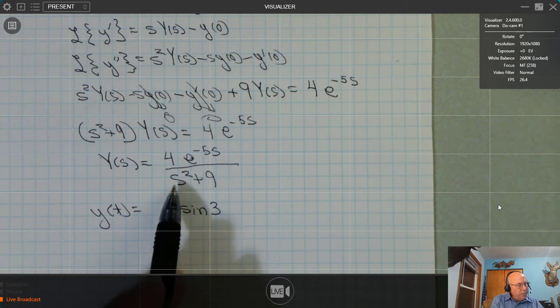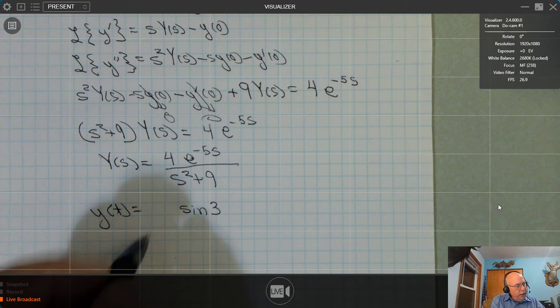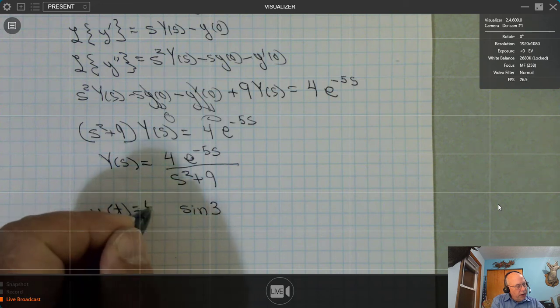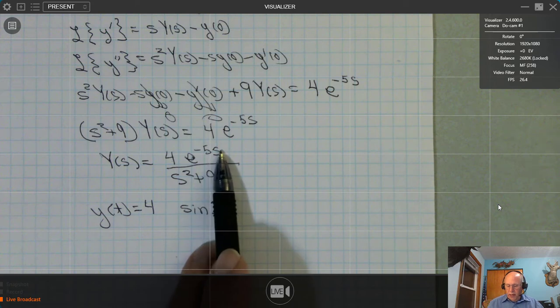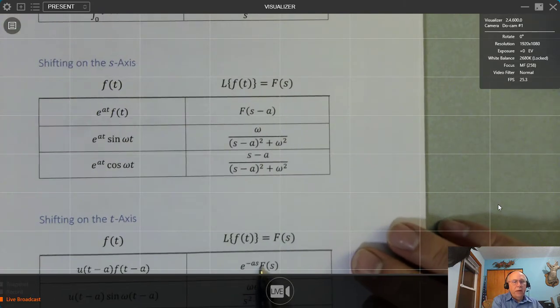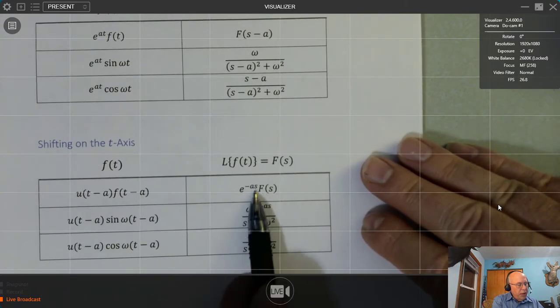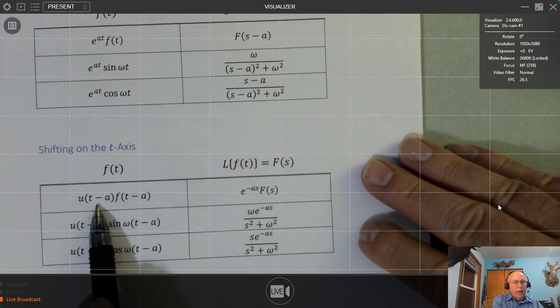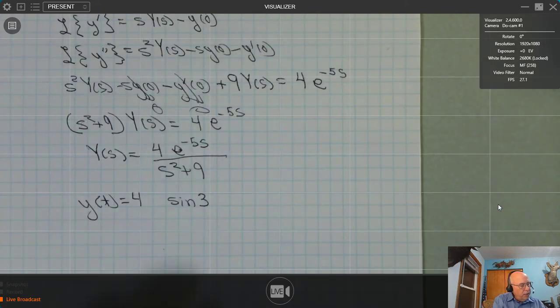Now, we have a coefficient of 4 here, so that will just go along for the ride. And finally, we need to deal with this e to the minus 5s. That is our first shifting theorem here. If you have e to the minus as multiplying your transform, then that induces a right shift on the t-axis of a units as well.